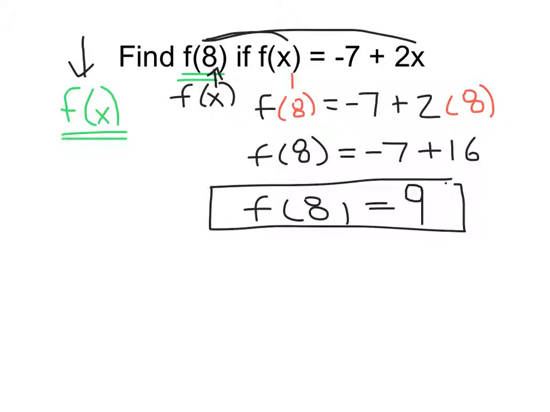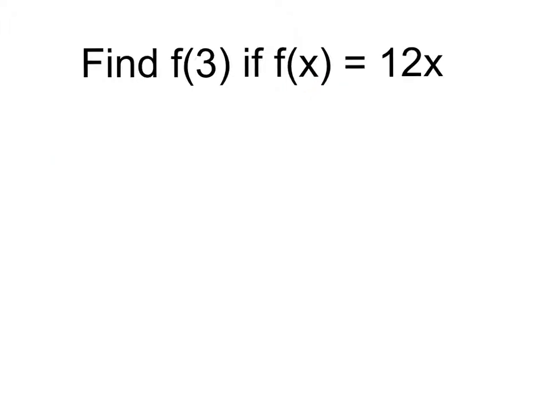All right, hopefully that made sense. We're going to do one more example like this. Here you're asked to find f of 3 if f of x equals 12 times x. Again, what this means is that we're trying to find what y is, or what f of x equals, when x is 3. So we're going to sub in that 3 for each x.